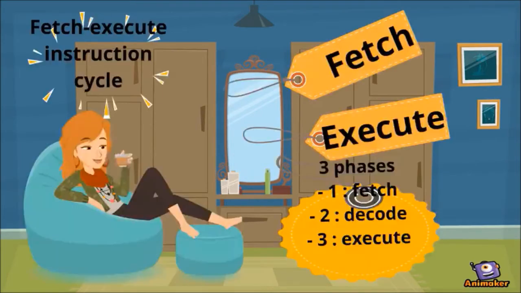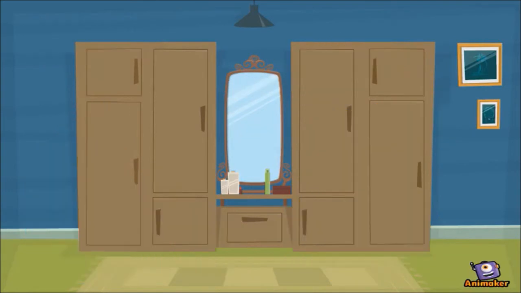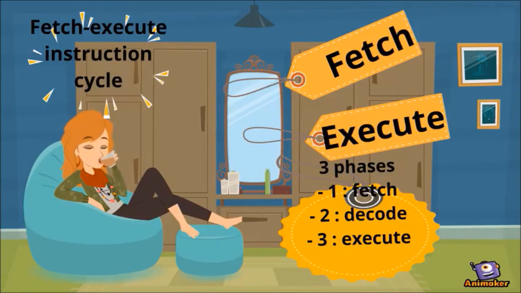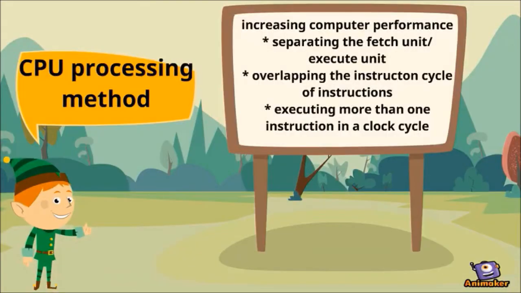Execute performs the operation that the instruction requires, moving or transforming data. The fetch and execute cycle contains three phases: phase 1 is fetch, phase 2 is decode, and phase 3 is execute.